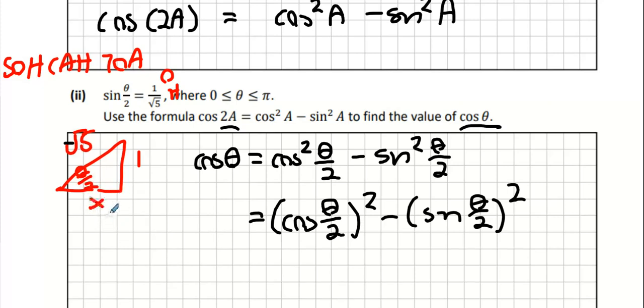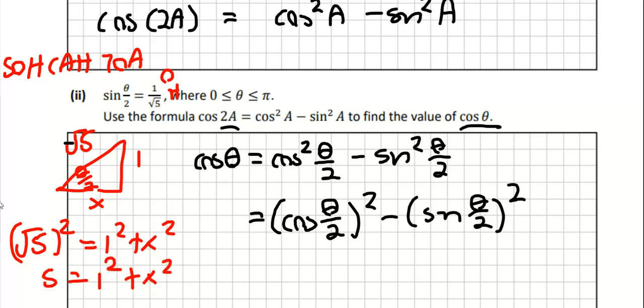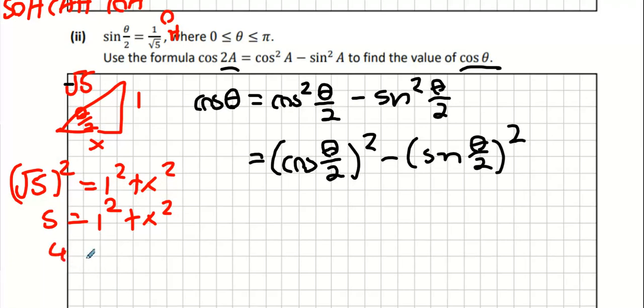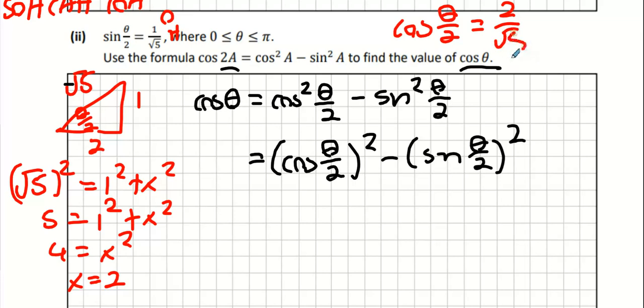Yeah, we should figure out what the adjacent side is. So what we can say is that root 5 to be squared is equal to 1 squared plus x squared. 5 equals 1 squared plus x squared. This means x squared's got to be 4. And then x therefore equals 2. So we know that the adjacent side is 2. Therefore, we now know that cos theta over 2, which is adjacent over hypotenuse, is simply 2 over root 5.